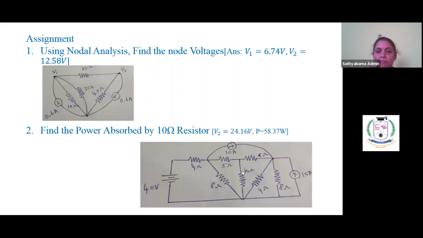So the power you can take it as V2 square by R. Consider it as V1, V2 and V3. So power absorbed here at 10 ohm is V2 square by R. So you will first find out V2 value. V2 is going to be the voltage at this node. So find out this voltage, then V2 square by R value is 10 ohms, then you will get the answer. So V2 answer is given here with the power.